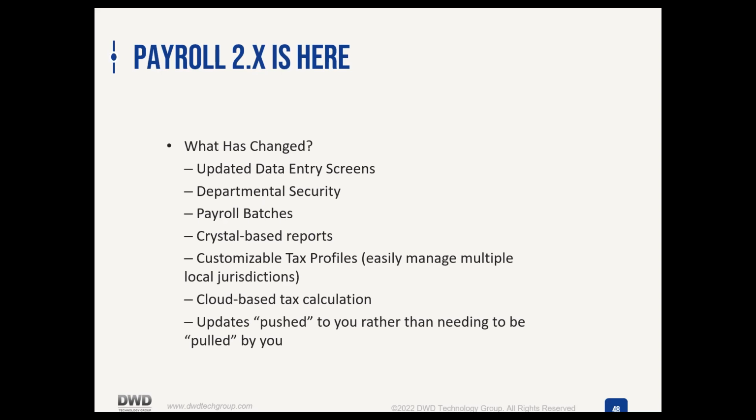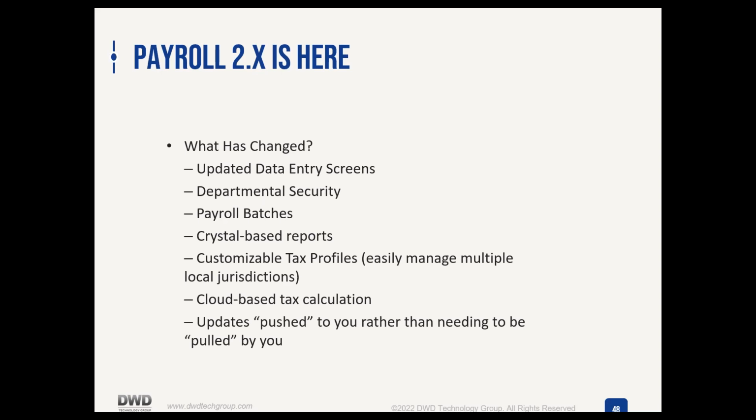Well, then I don't really have to go over much here on this. Just realize that the data entry is a lot cleaner. We've got more security based on departments. We can customize the tax profiles.